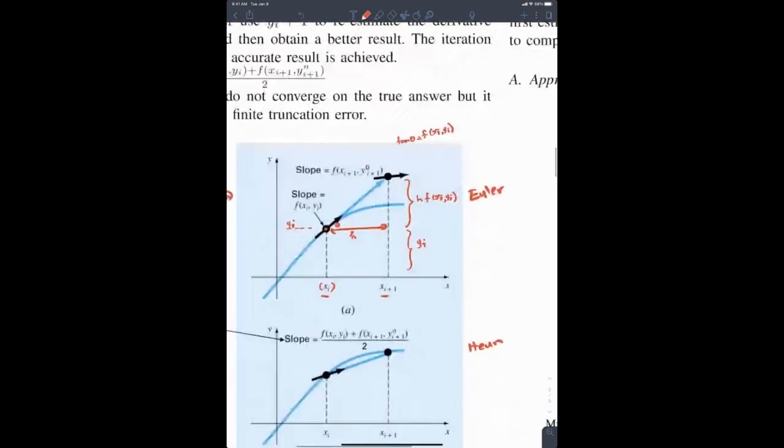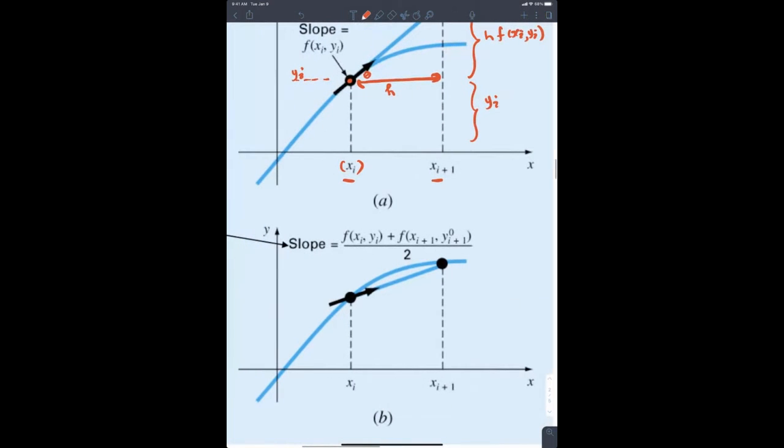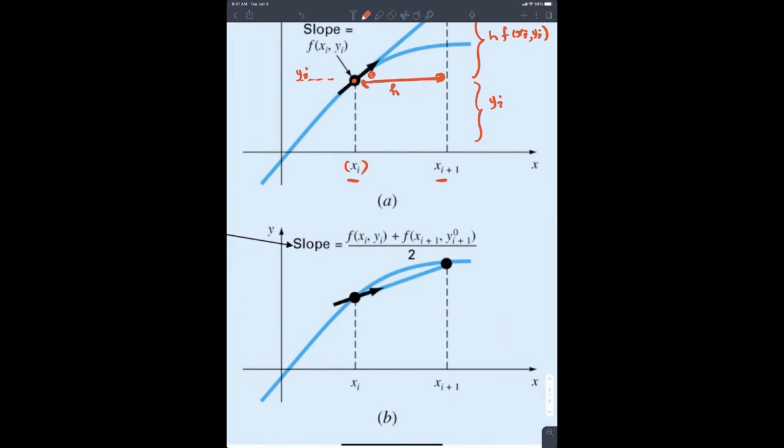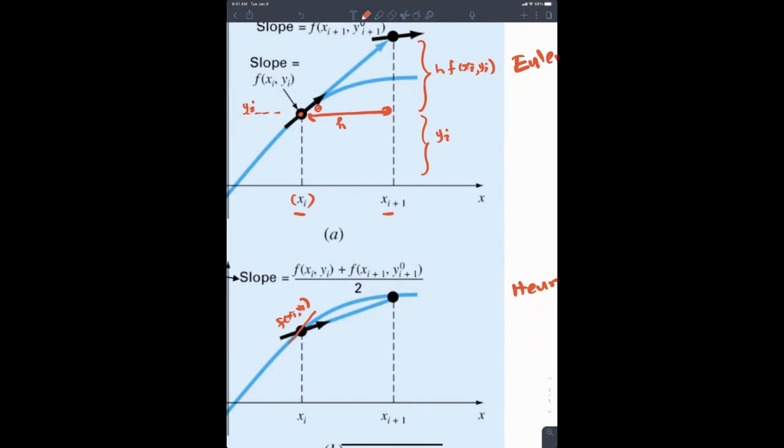Now, what Heun's method does, they're saying that this is the gradient here, which is f(x i, y i), and then we just predicted y for this. We did not know the y for this, and this y is not known, but we can predict it. That's a predicted equation. So you find the gradient here, so this is the new gradient at, let me say, so this is the gradient at x i.